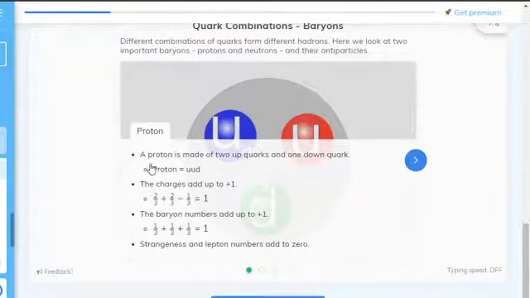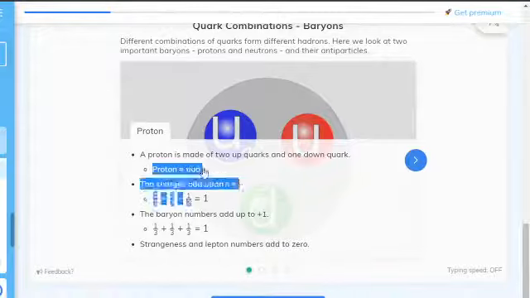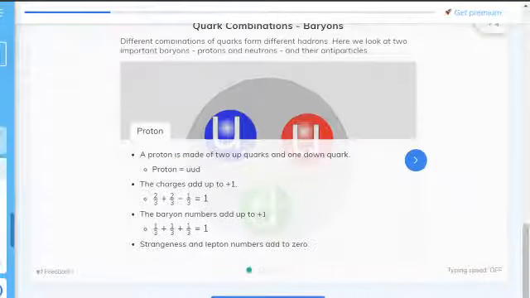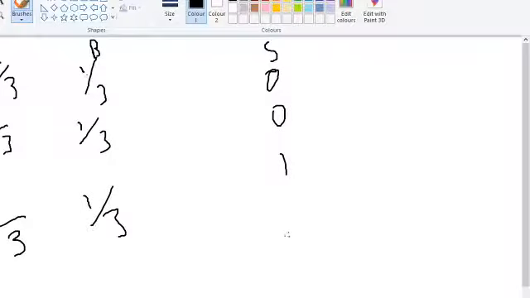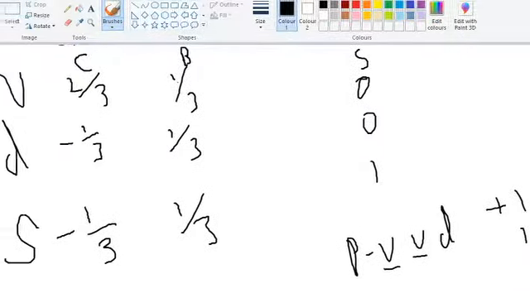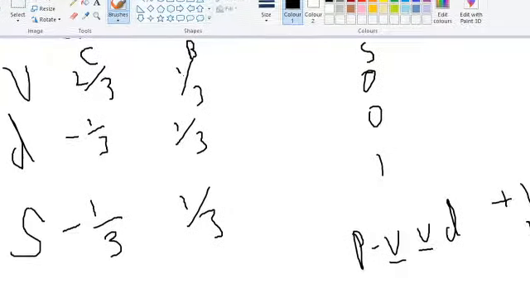So a proton is a mix of 2 up quarks and a down quark. So proton is up, up, down. So as we know, a proton has a relative charge of +1 and has a baryon number of 1.